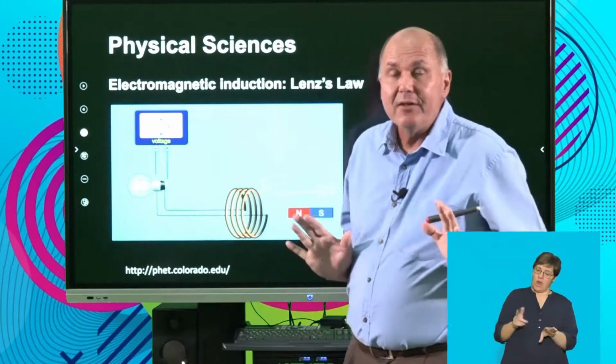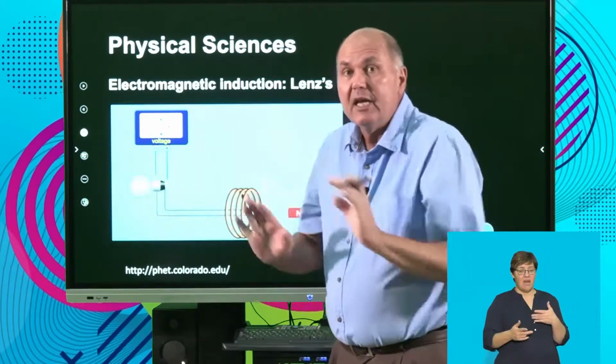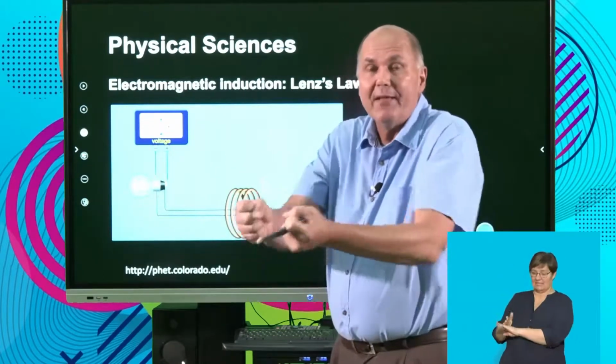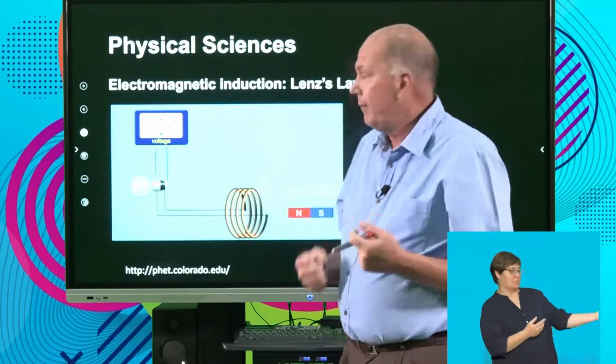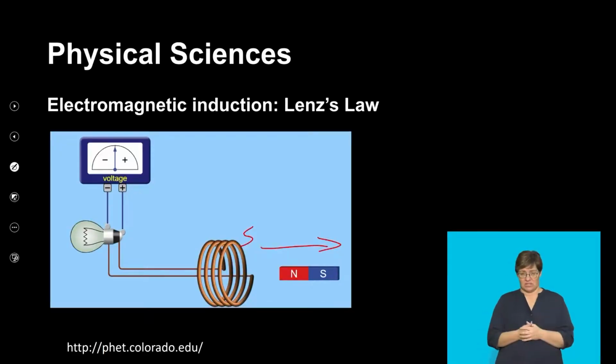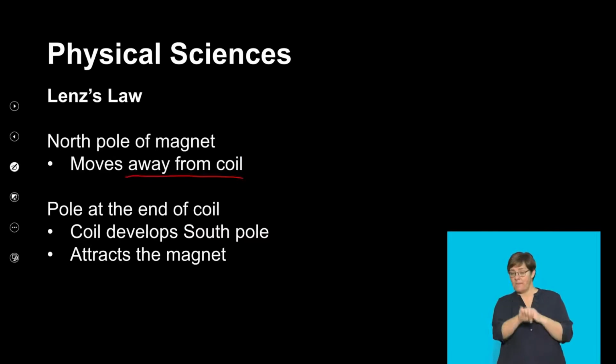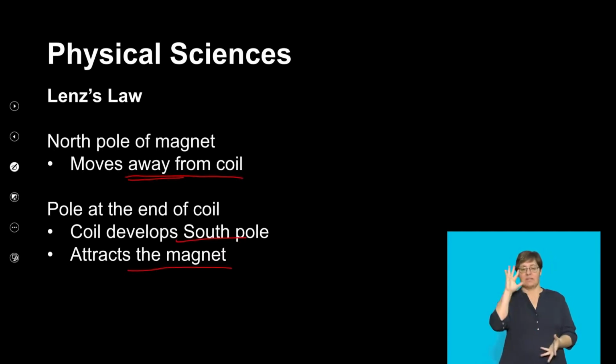So whatever pole is coming towards it, it wants to repel. If there's one that's moving away, it wants to pull it back. And so we recognize over here that if there's a North Pole moving away from the coil, the coil develops a South Pole. It wants to attract the magnet. And so that really summarizes for us the principal points of electromagnetic induction.